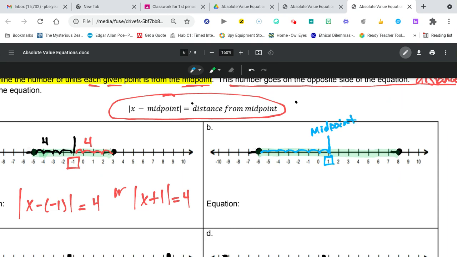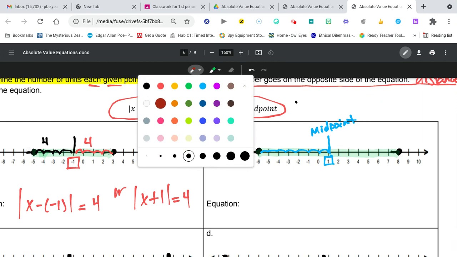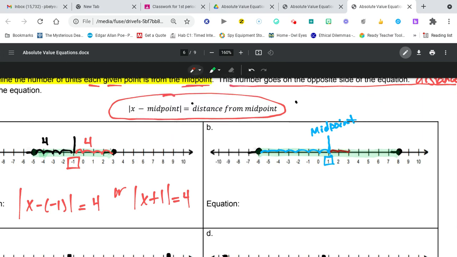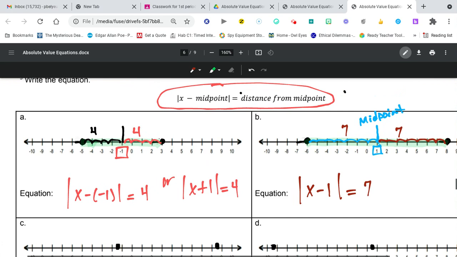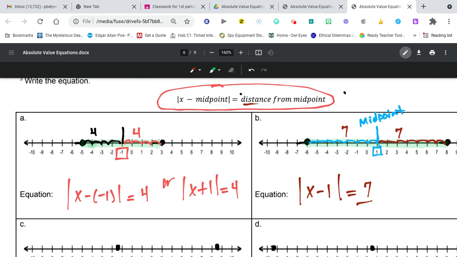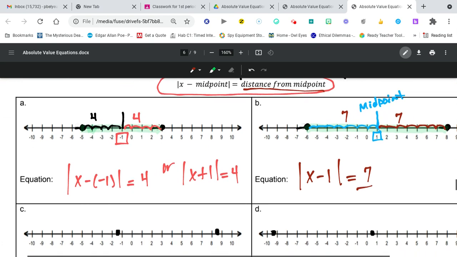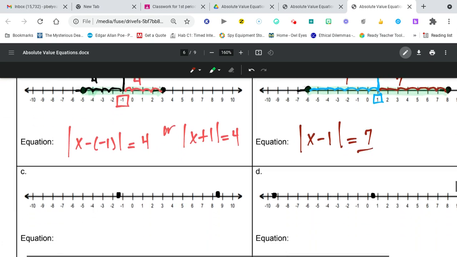Midpoint means middle. And on the other side, of course, you should also have 7. 1, 2, 3, 4, 5, 6, 7. So I have the distance between x, some number, and 1, the midpoint, is going to be equal to 7 units. Remember, this is always your distance from the midpoint, and it's 7 units on each side. Each point is 7 units on each side of the midpoint.